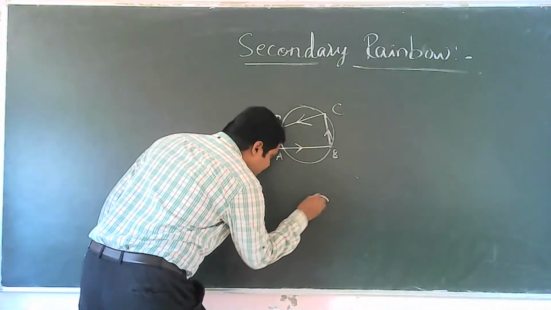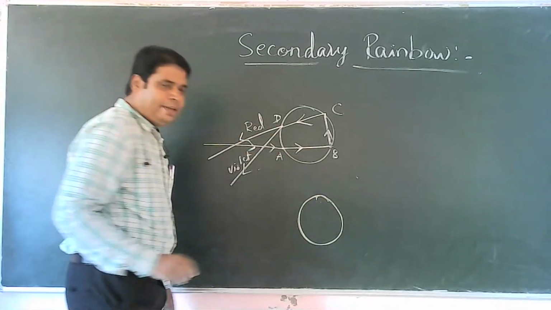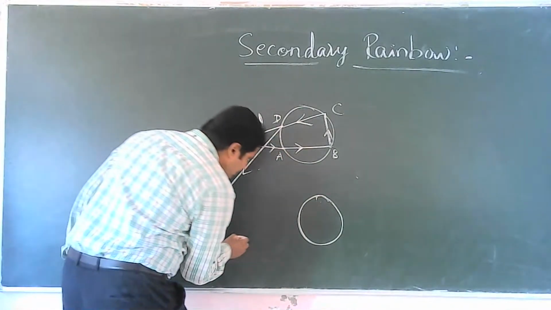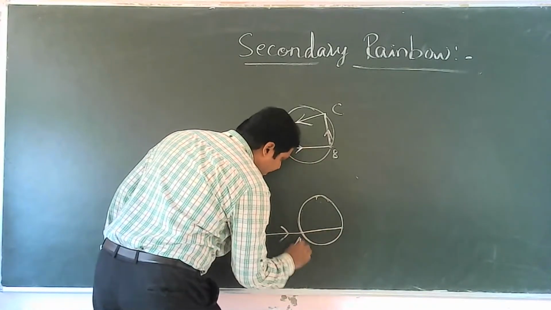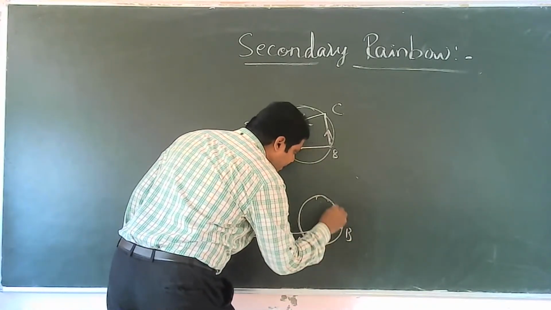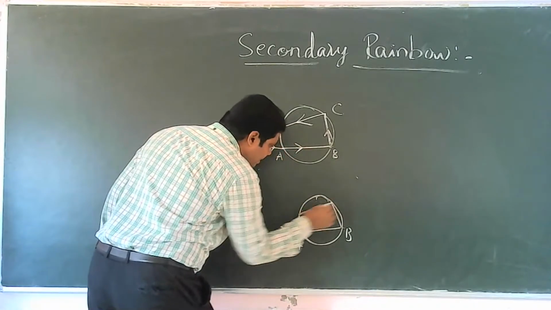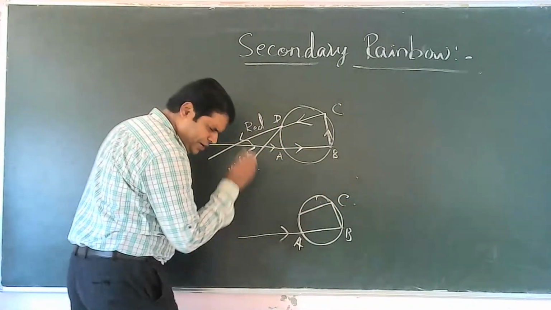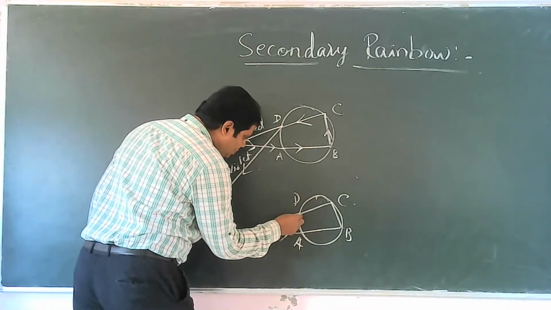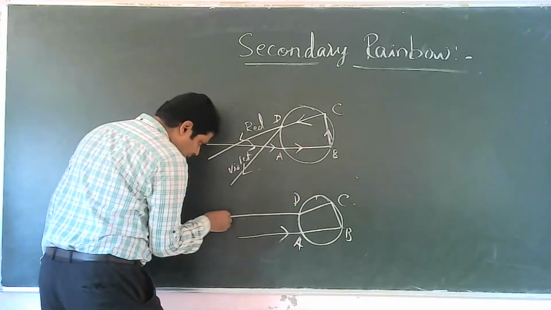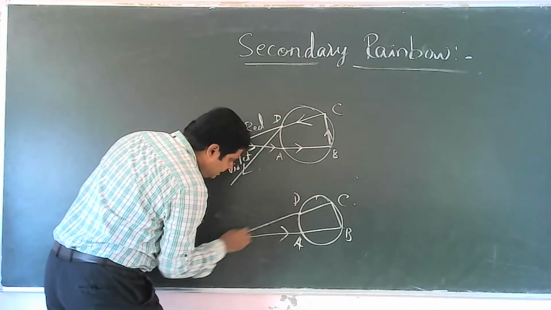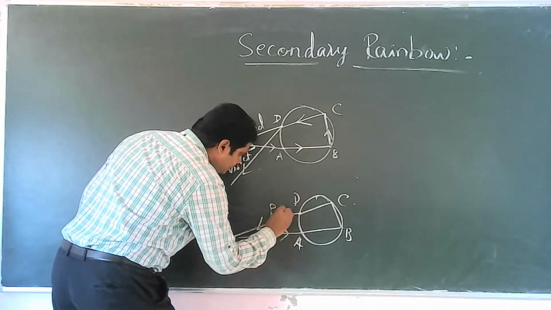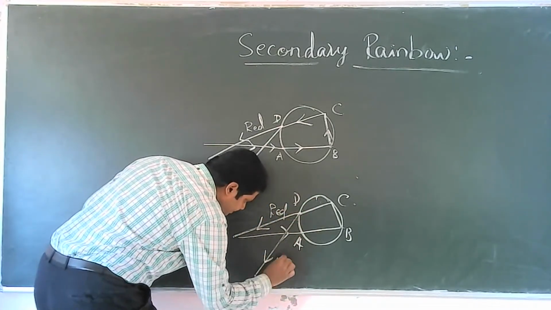Okay, let me consider one more droplet. Same process: ray, refraction at A, reflection at B, reflection at C, and refraction at D. Once again, this is red, sorry, I will draw red like this. This is red. This is violet.